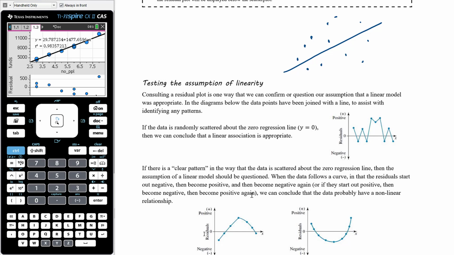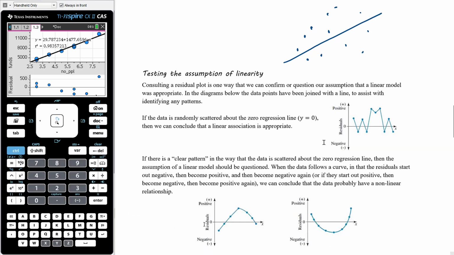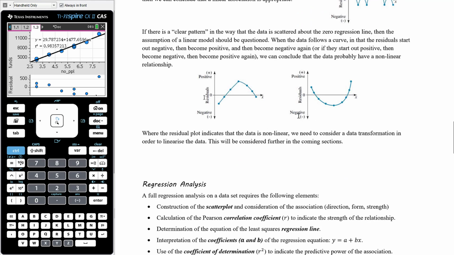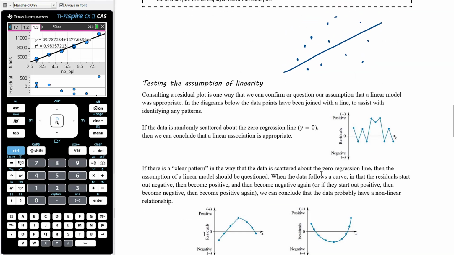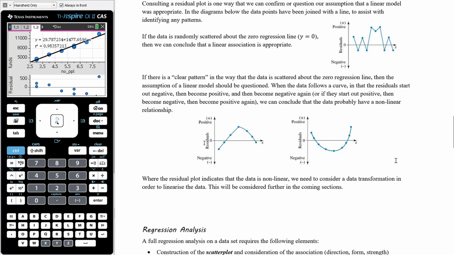If, however, we're getting a clear curve, one of these two situations, where the data starts out below the line, we get negative residuals, then positive residuals, and then negative residuals again, then a linear model probably wasn't a good fit.